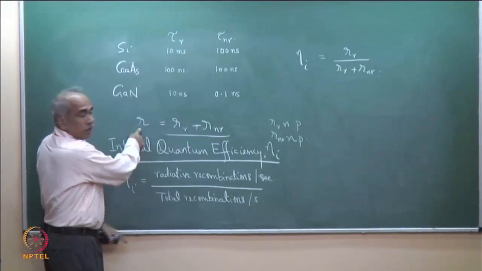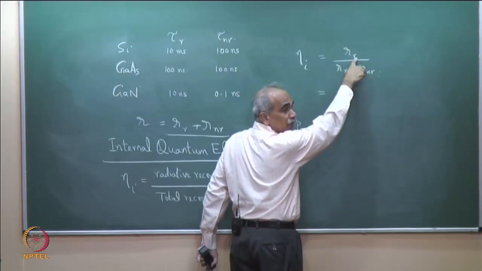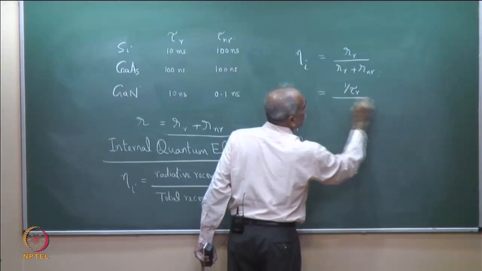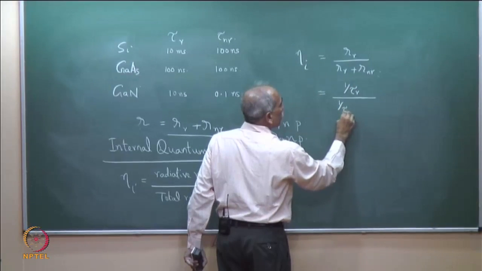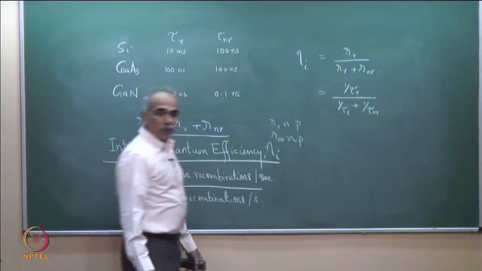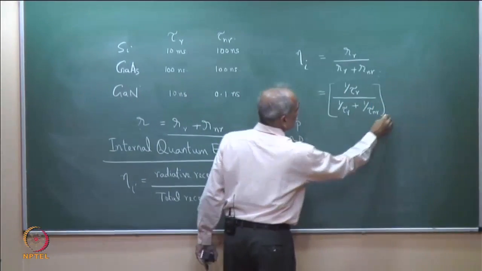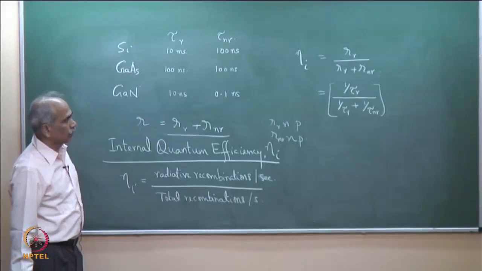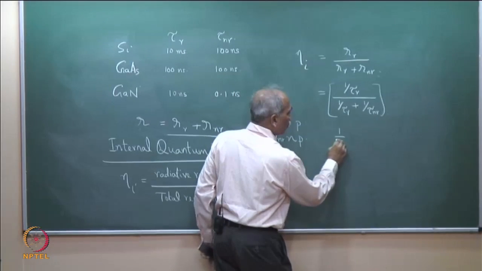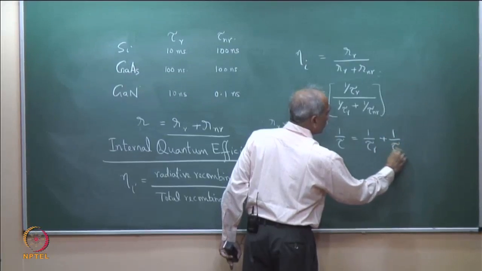But we have something here, R, this is the total. RR is inversely proportional to tau R, which means eta I is 1 divided by tau R divided by 1 over tau R plus 1 over tau NR, because the proportionality constant is the same for a given material. What is 1 over tau R plus 1 over tau NR? 1 over tau is equal to 1 over tau R plus 1 over tau NR.